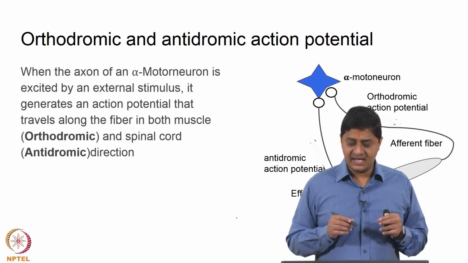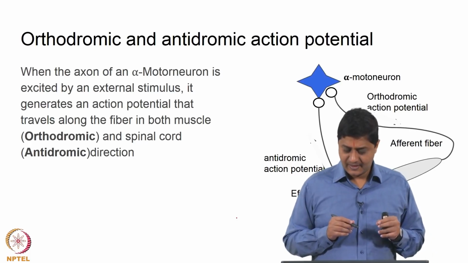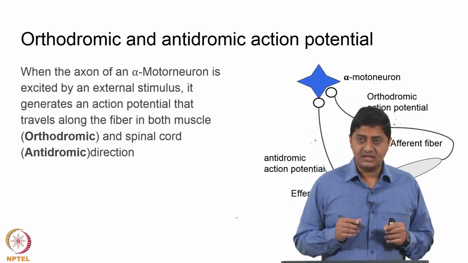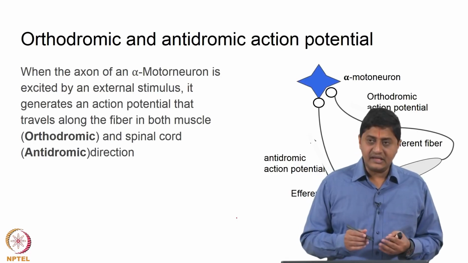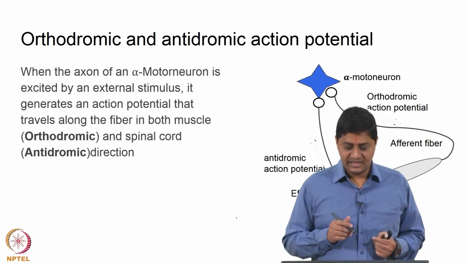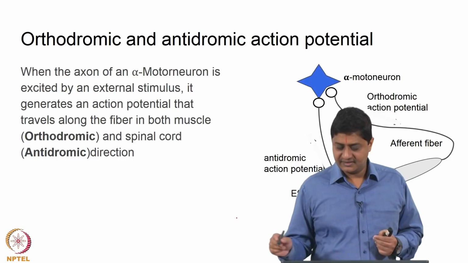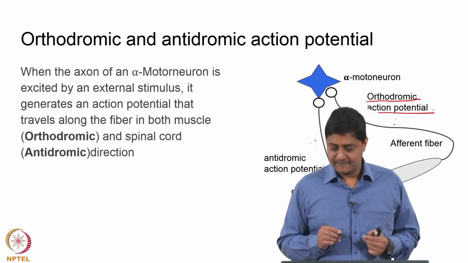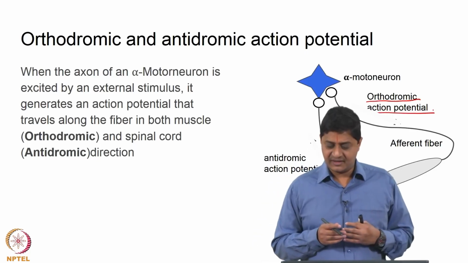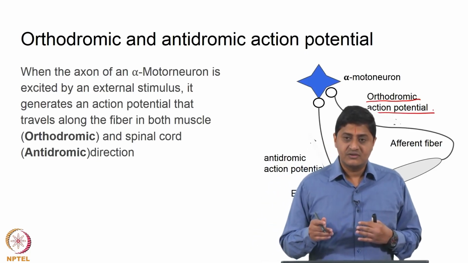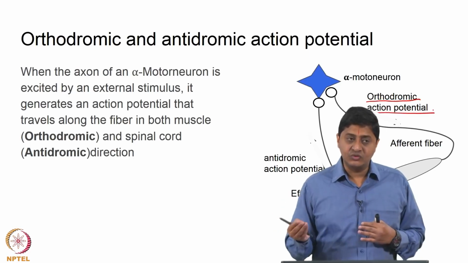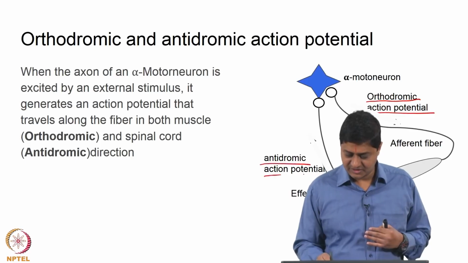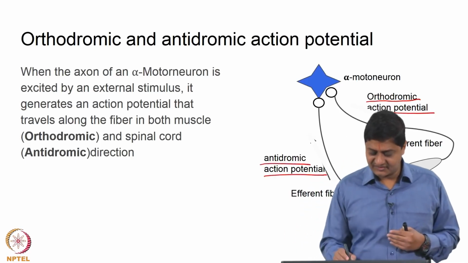A case in which information moves from the cell body to the periphery through the axon is called an orthodromic action potential. And in the case where the information moves from the periphery to the cell body, it is called an antidromic action potential.